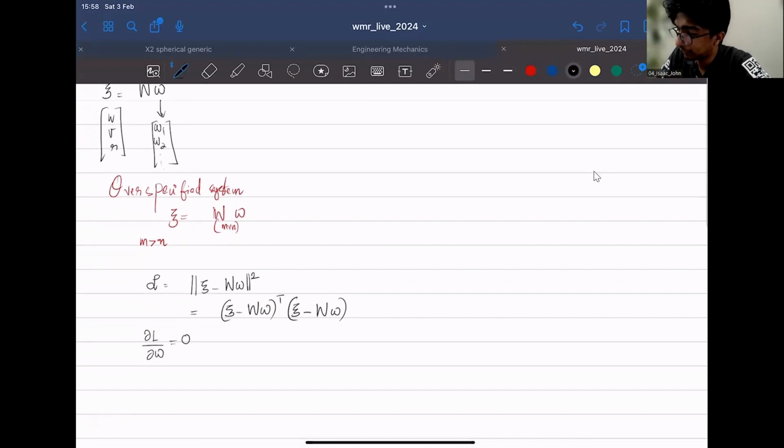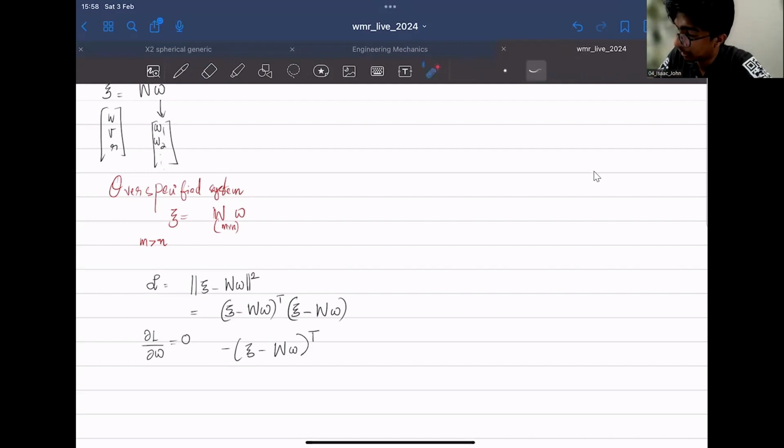If you take the derivative of this expression, this is something squared, so a parameter squared, so this will be minus (theta minus W omega), the whole transpose.